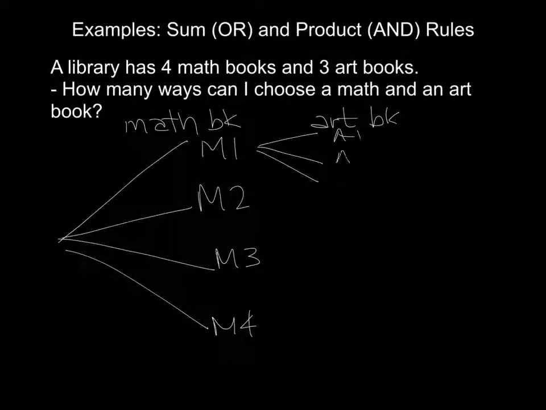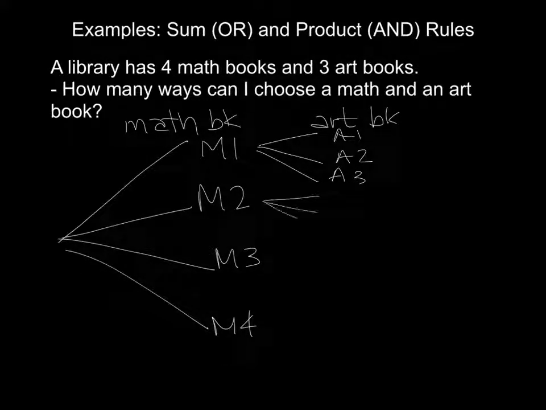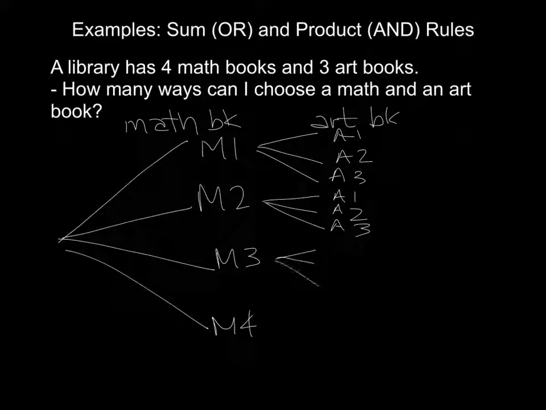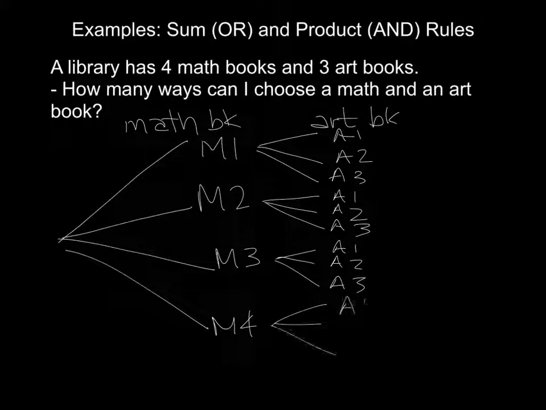Art Book 1, Art Book 2, Art Book 3. We're going to get the same choices if we had chosen Math Book 2. Then there's Math Book 3. We can choose one of the 3 art books. And Math Book 4.